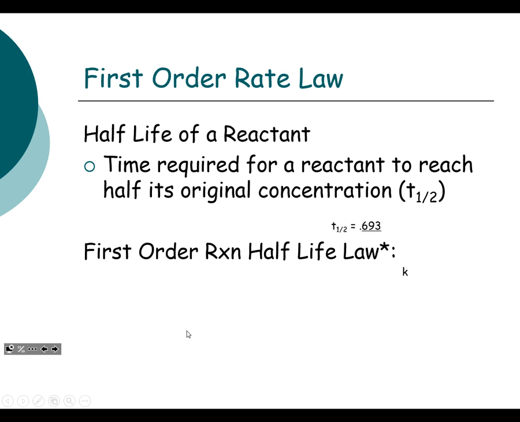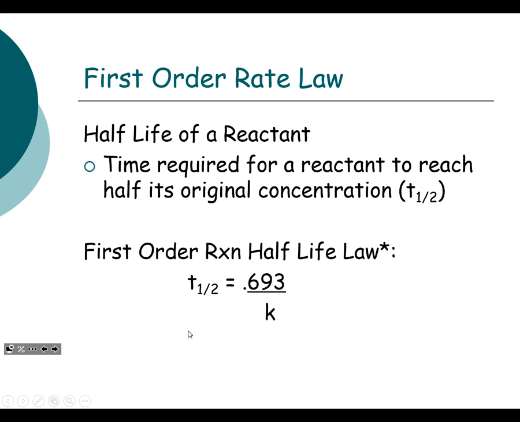Half-life of a reactant. So there are really three rate laws that you can get and use. The differential rate law, AKA just the rate law, is that first one we come up with. Once you know what form of the rate law you have, whether it's first order, second order, or zero order, then you get the integrated rate law, where you put time into it. But you can also get the half-life equation as well.